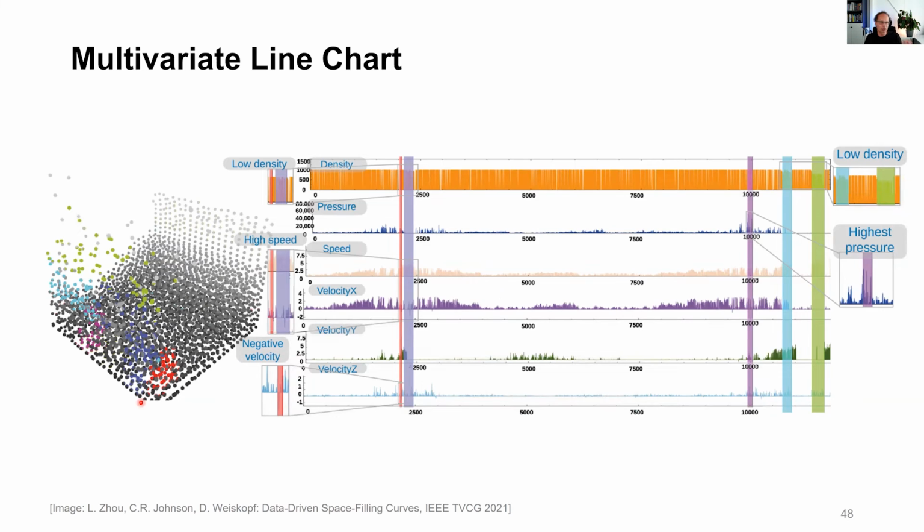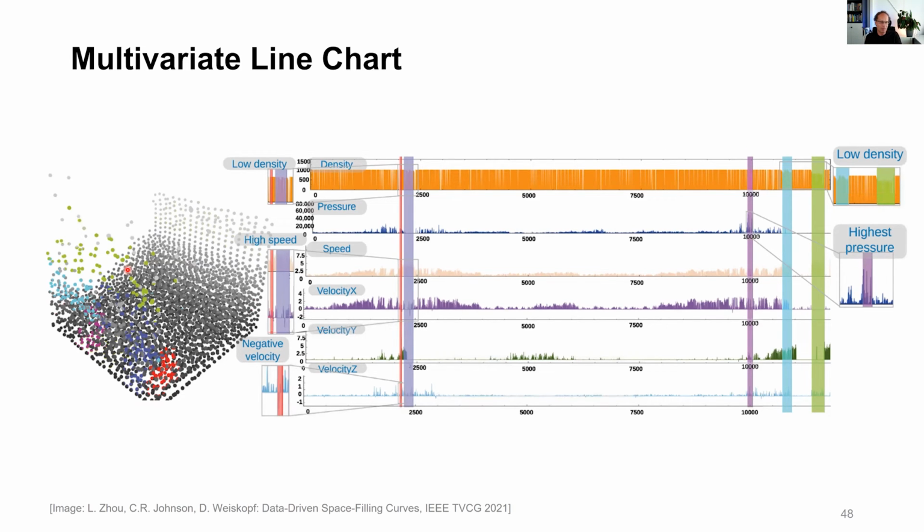original three-dimensional SPH domain. What you can also see here is that this is a very nice example of multidimensional and multivariate data visualization at the same time, because we have a multidimensional space where the data is living in. It's this three-dimensional space of the SPH simulation.